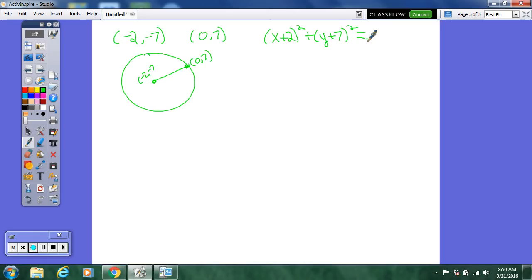And then we just gotta do the distance formula to find our radius. So we would do, remember, subtract the x's, -2 minus 0, and -7 minus 7.